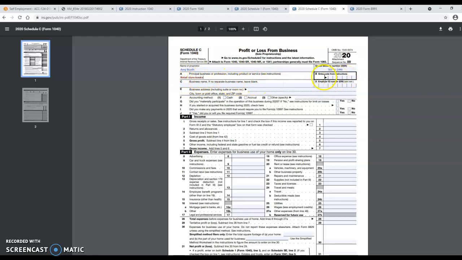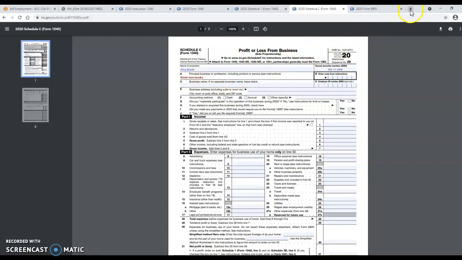Okay. Now we have to have a code from the instructions. It comes from the back of the Schedule C, where we're going to look up a code for retail stores dealing with books.